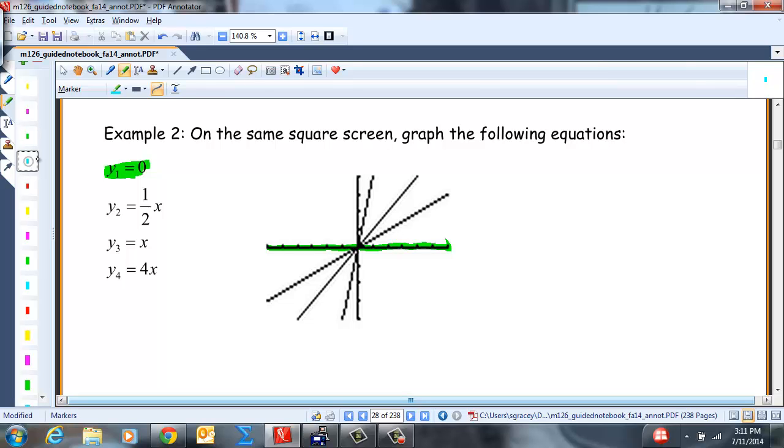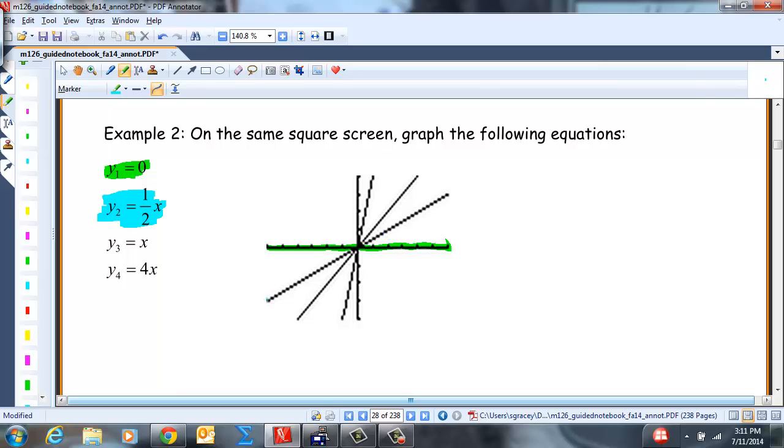And then secondly, we have y2, this guy, 1/2 x. So let's see, this one, basically, if we think of ordered pairs, you'd have an ordered pair at 0, 0, and if you plugged in 2 for x, do you see you'd have an ordered pair at 2, 1?